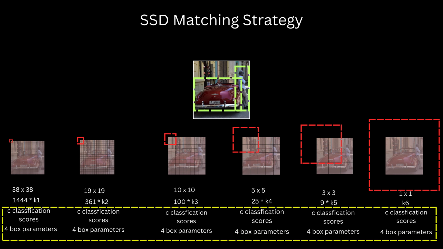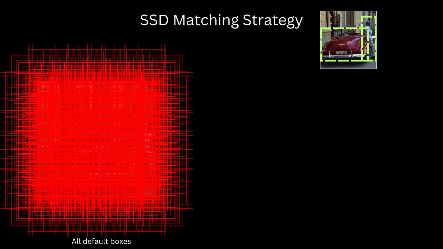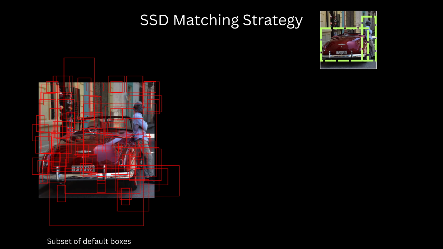So let's understand the SSD matching strategy for this. Based on the specific scale and aspect ratios used for all the feature maps by the authors, these are all the default boxes that we get for this ground truth image. Let's just keep a small subset of these for better visualization.